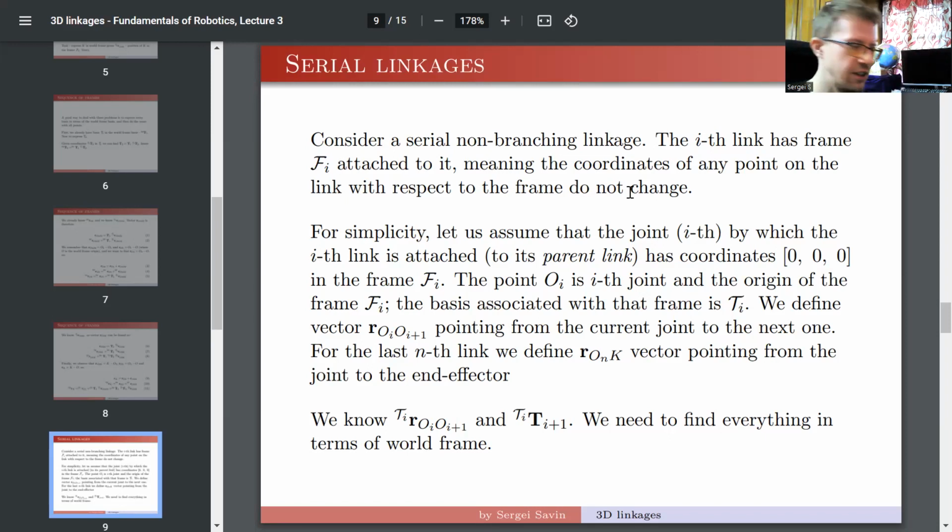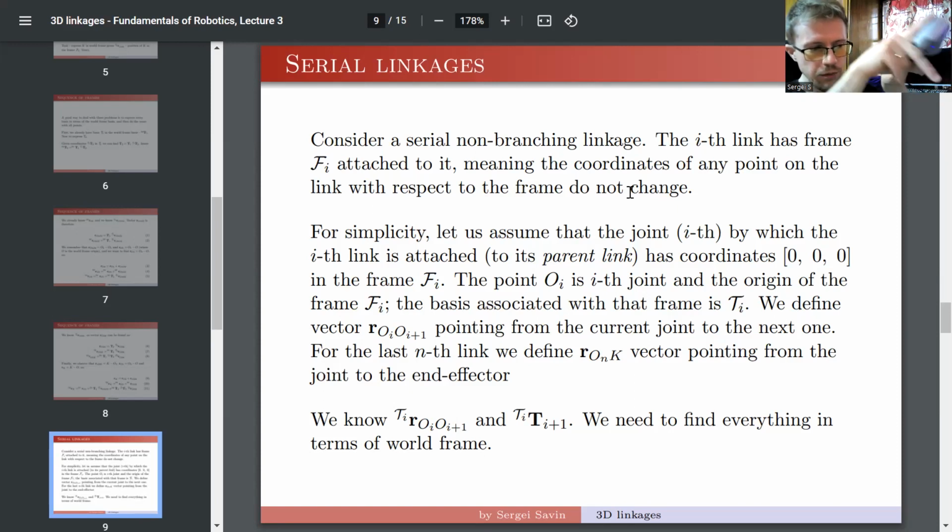What I'm trying to say is that imagine you have a link, let's say this microphone. I attach to it a frame, like my hand is kind of a frame. Any point on the mic will remain stationary in this frame, even if the mechanism somehow moves.